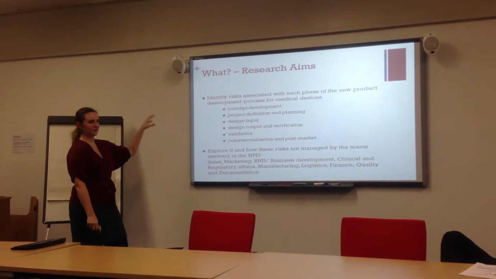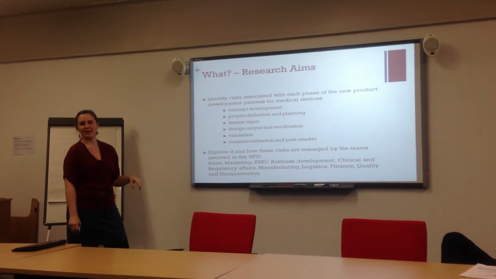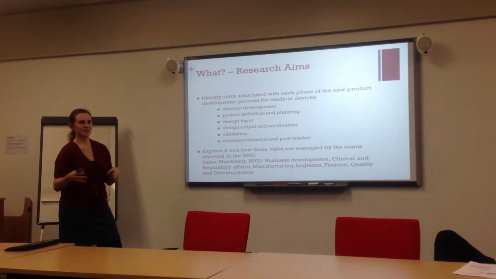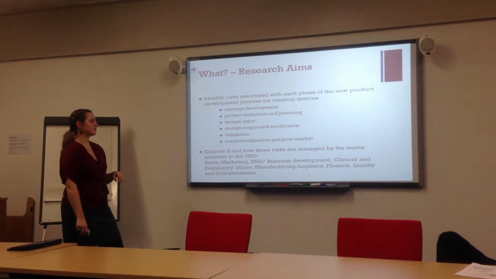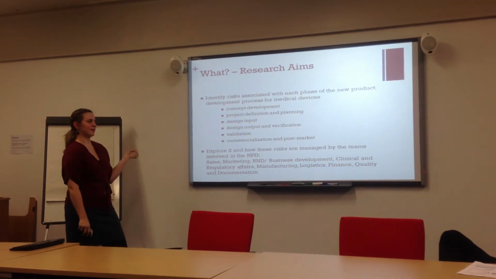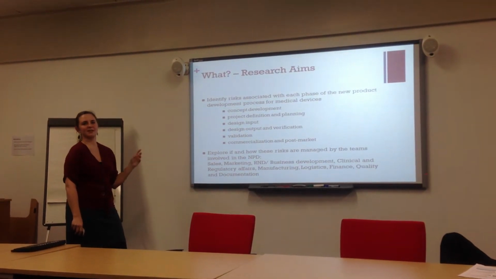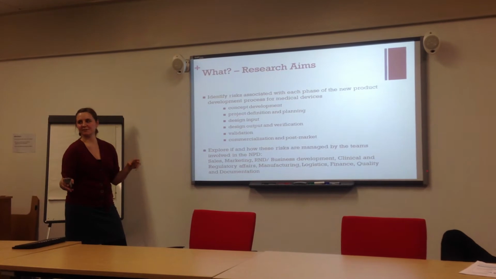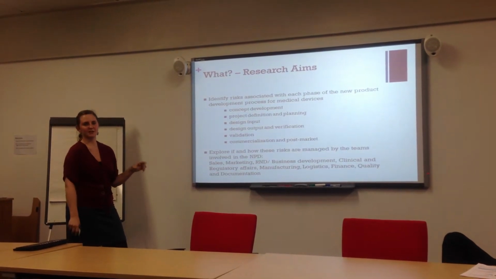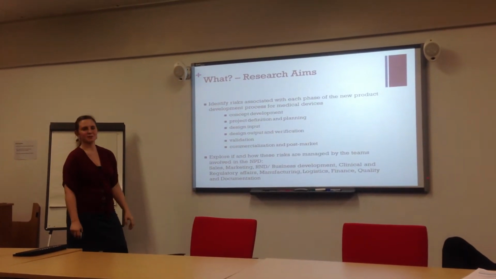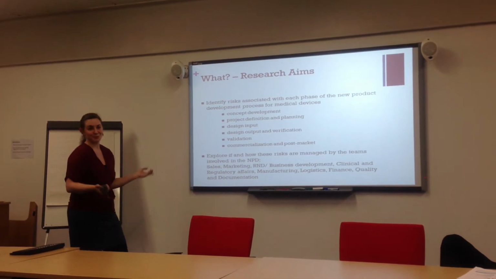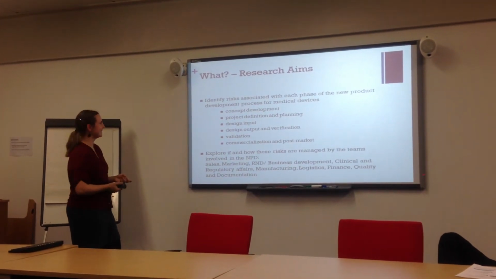Not all of them are involved in every stage, but for most parts several teams are always involved. So the question is, how is risk managed in each phase? And is there maybe a phase where there's a lot of emphasis on risk management, while other phases are a little bit ignored? Who knows? That's the question.